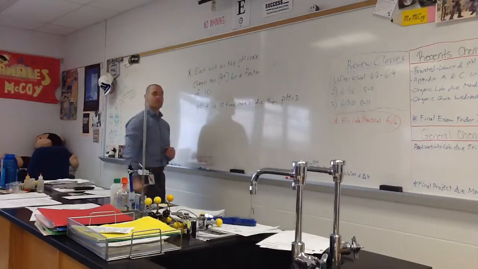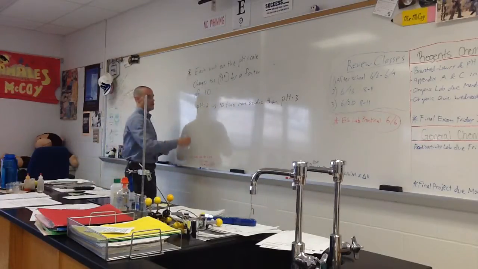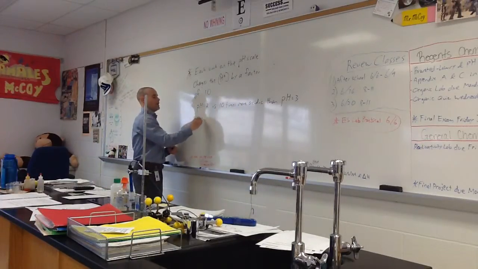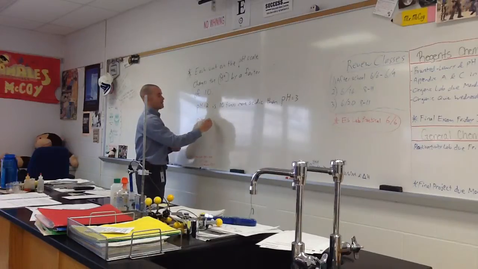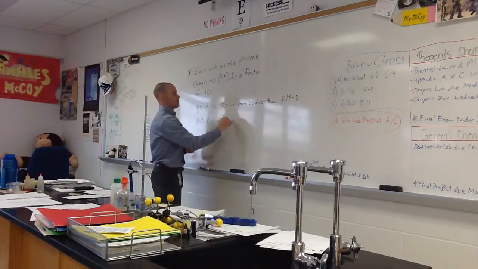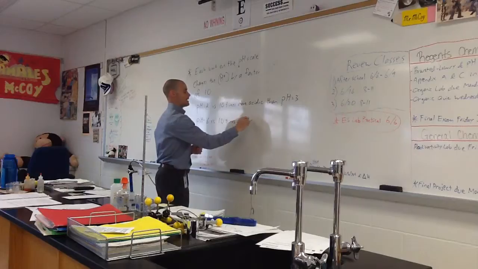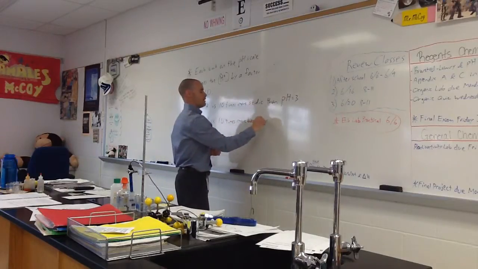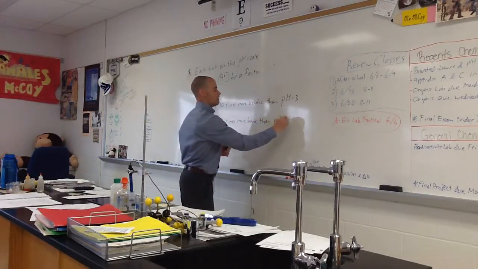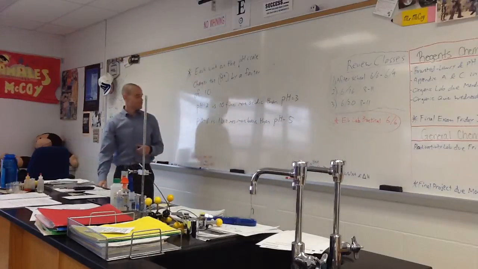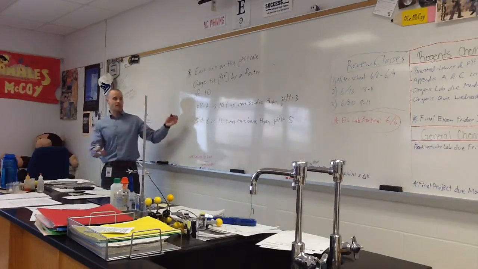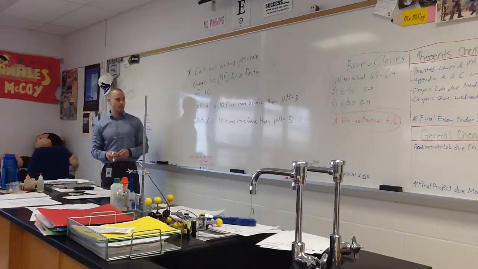That's what that means. Or another way we could write this, a pH of, let's say, 6 is 10 times more basic than a pH of 5. It just depends. Are we going up the scale or down the scale?